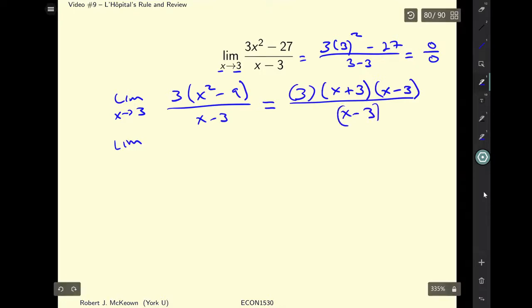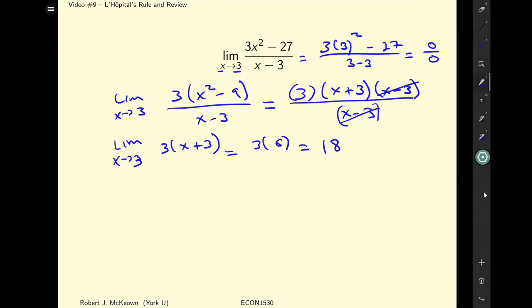Notice that these are going to cancel out. Now I've got just 3 times x plus 3, and the answer is 18. So when we take the limit of this quotient as x gets close to 3, we actually get 18. So we didn't have to get 0 divided by 0.